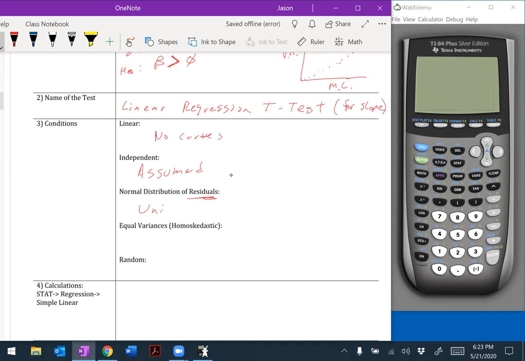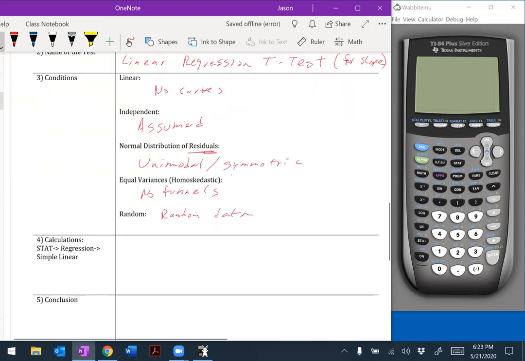We're just going to say it's unimodal and symmetric. Okay, and equal variances. Are there any funnels? We're going to say no funnels on this. And random, is it random? Yeah, this is random data.